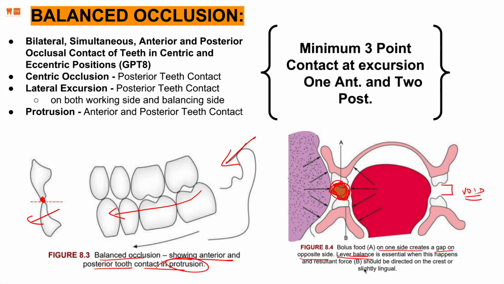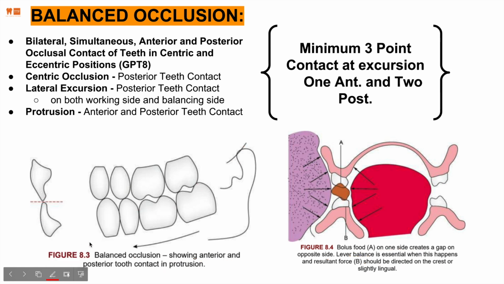And of course, a resultant force is affected right here. All of the forces are affected right here. It should be directed on the crest, slightly lingual. See, when there's a bolus of food, imagine if you had all the force right here. You know what would happen? This denture would tip up and become unstable. So the denture stability is compromised.